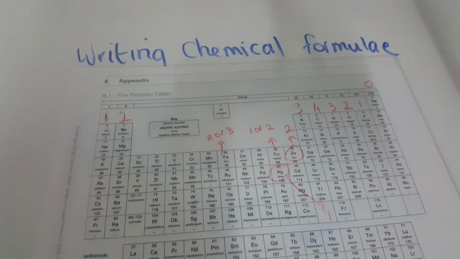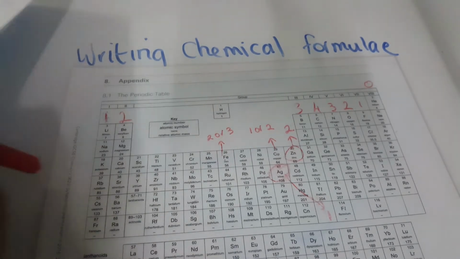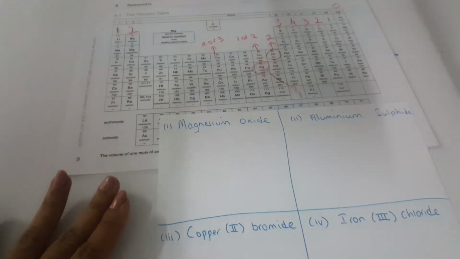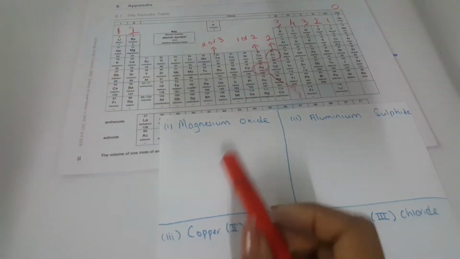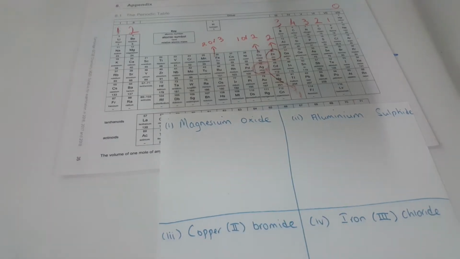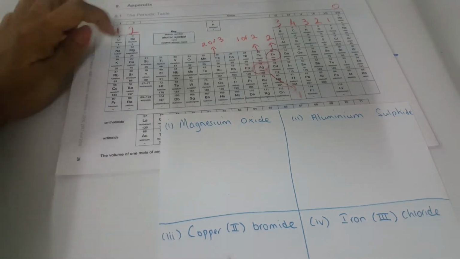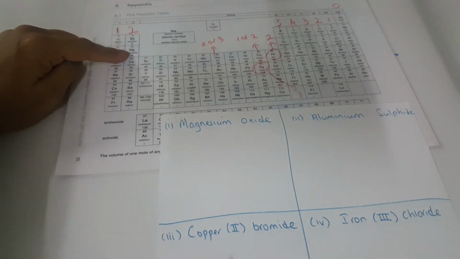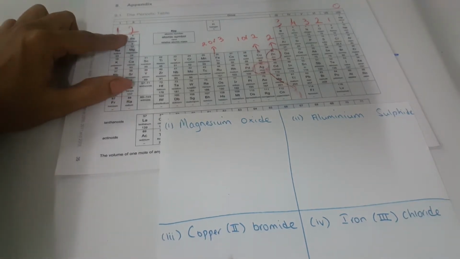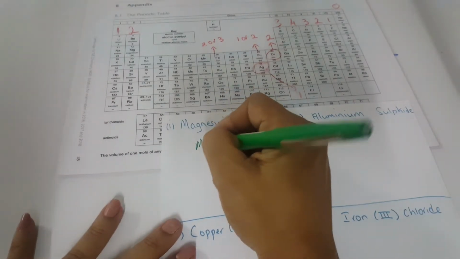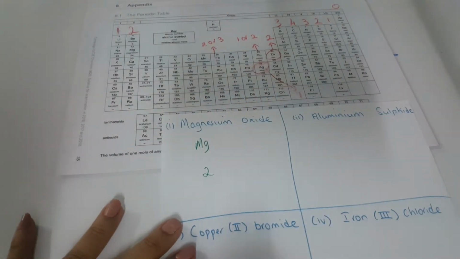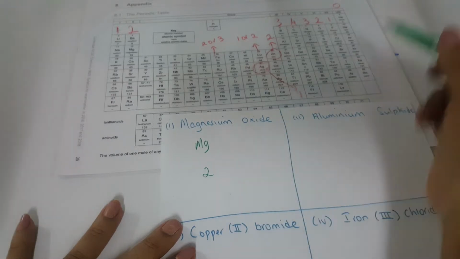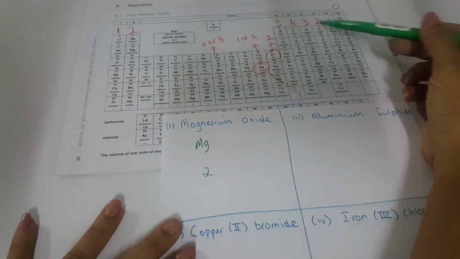Alright, so let's start with the work. We want to write the formula of magnesium oxide. So how do we do it? We look for the symbol for magnesium, which is here, Mg, and it has a valency of 2. So we write Mg, valency of 2. Then oxide is oxygen, which is here, and it has a valency of 2.